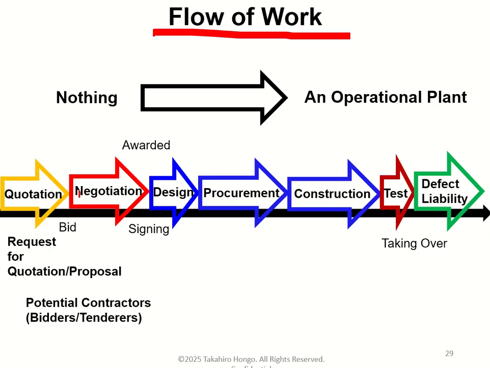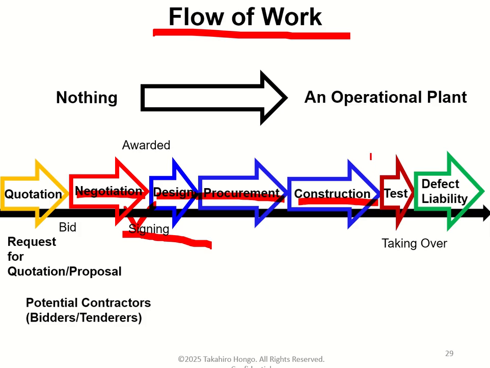Then negotiations start, and only one bidder will be awarded the contract, and the contractor and the owner sign the EPC contract. After that, the contractor starts the work: engineering and design, procurement, and construction.